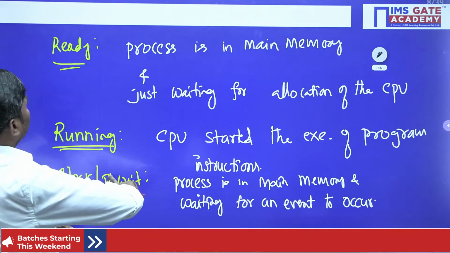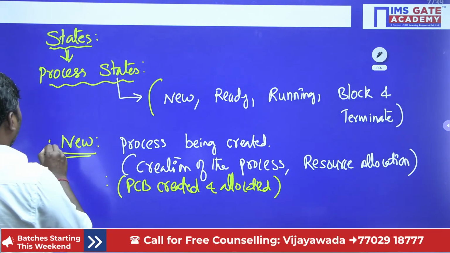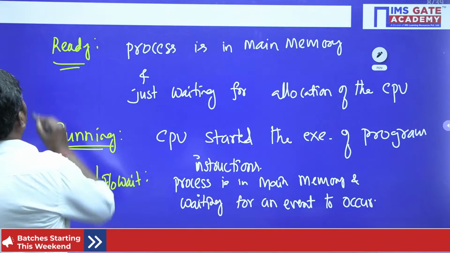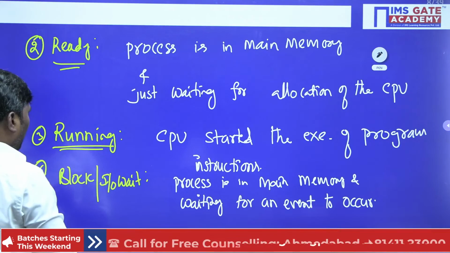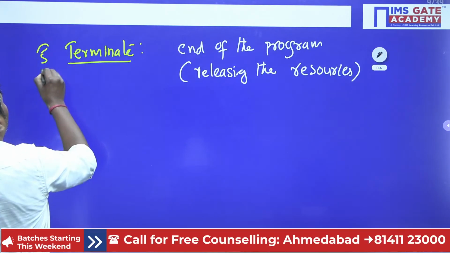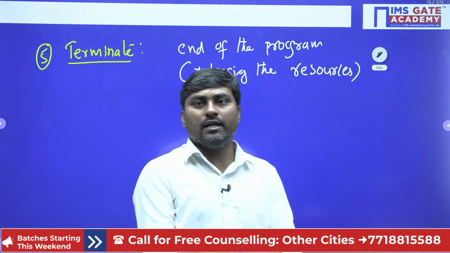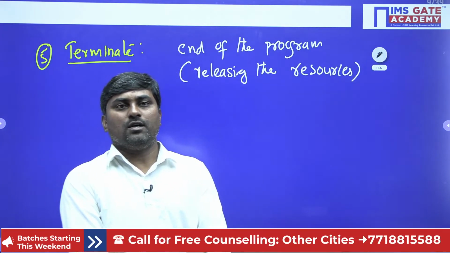Okay. The 5 states are clear to all of you. State number 1 is new, then ready, this is running, the 4th is the IO or block state, and the 5th is termination. This is the 5 state model. Is it clear?